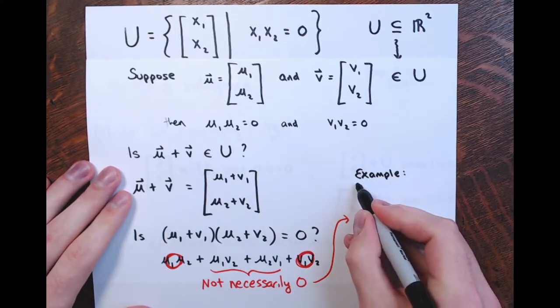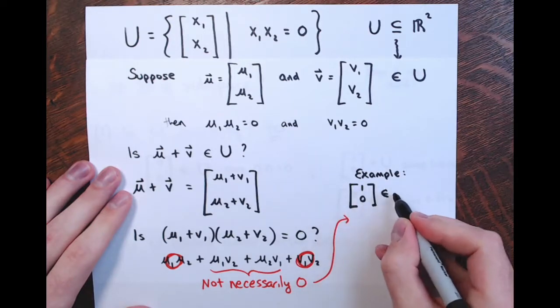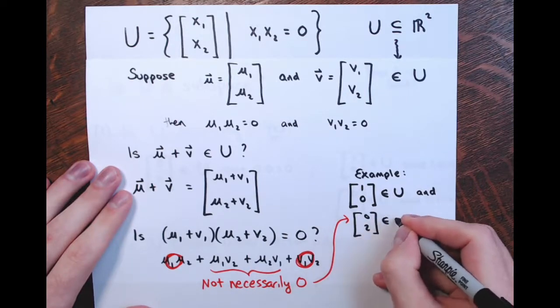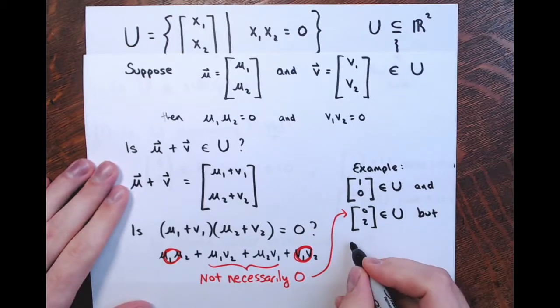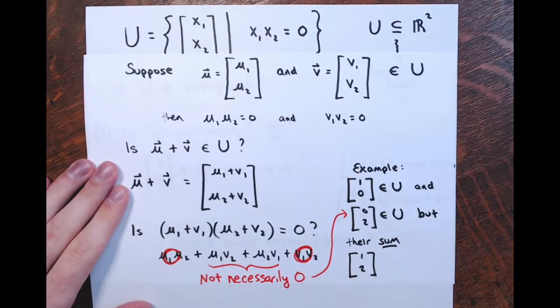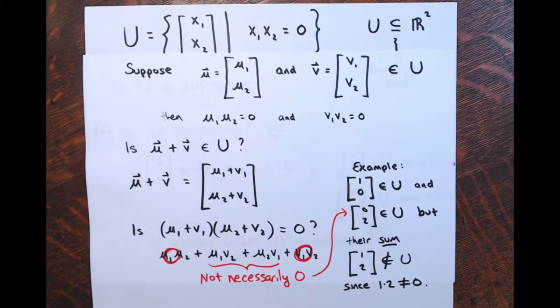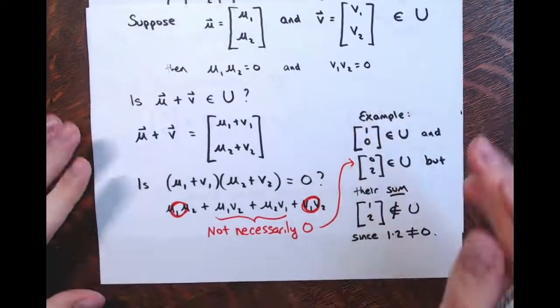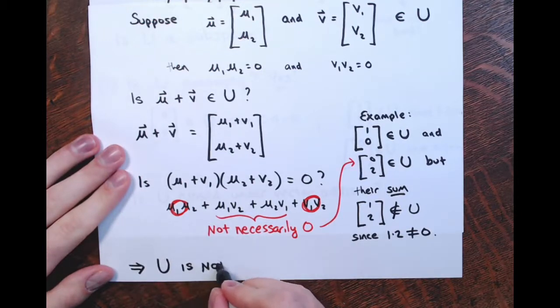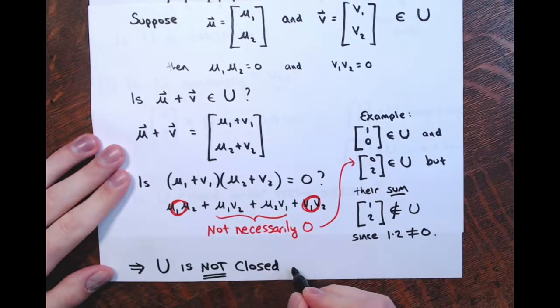So like my examples earlier, this vector belongs to U, and this vector, 0, 2, belongs to U, but their sum, which would be the vector 1, 2, does not belong to U, since 1 times 2 is not 0. So if you can find just one example of a pair of vectors whose sum is not in the set, then it's not closed under vector addition. So therefore, U is not closed under vector addition.